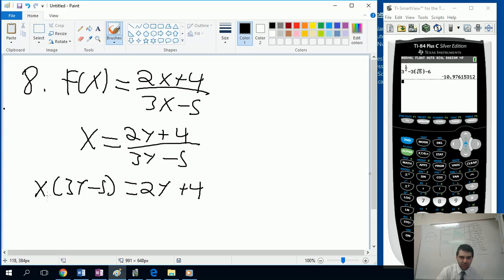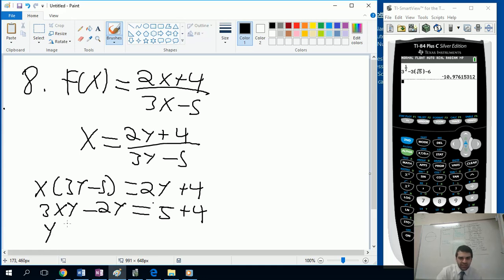And now you can distribute the x. So 3xy minus 5x is equal to 2y plus 4. I'm going to subtract 2y from each side, and then add 5x to each side, so that's equal to 5x plus 4. Now that's going to simplify, but first I'm going to factor out a y.